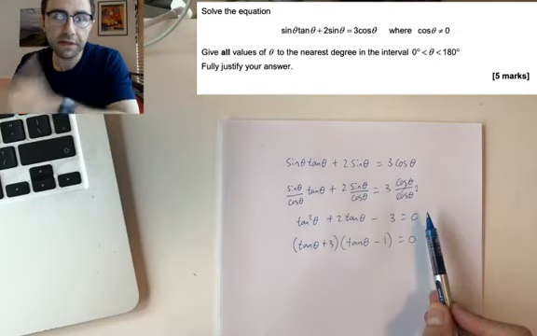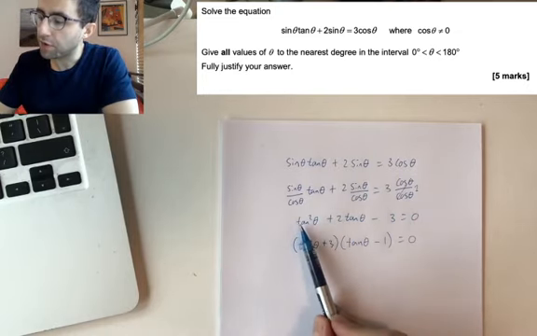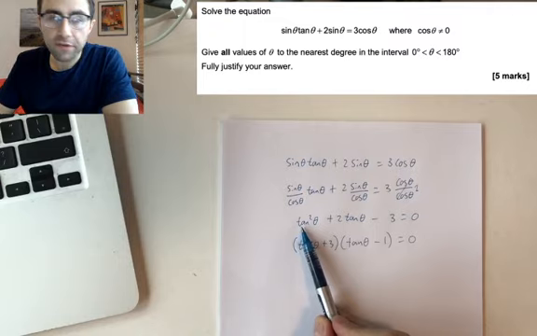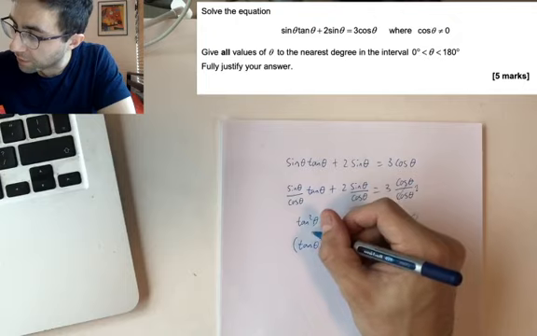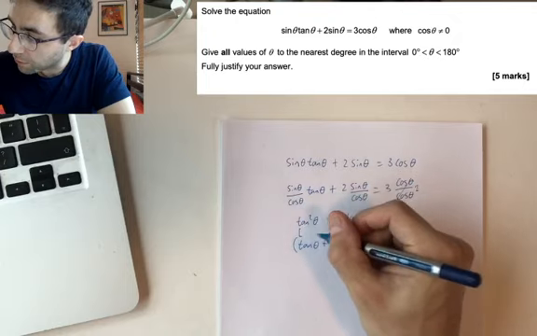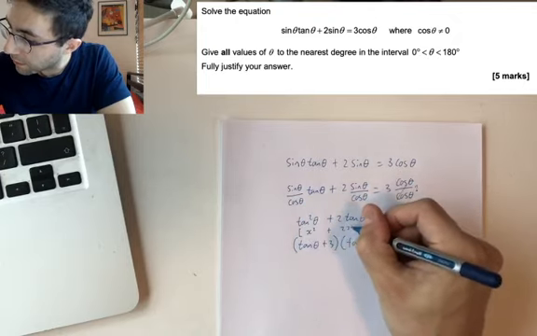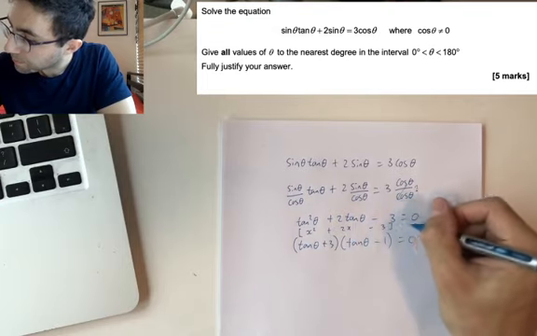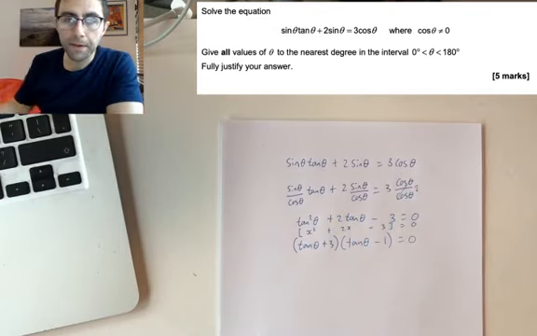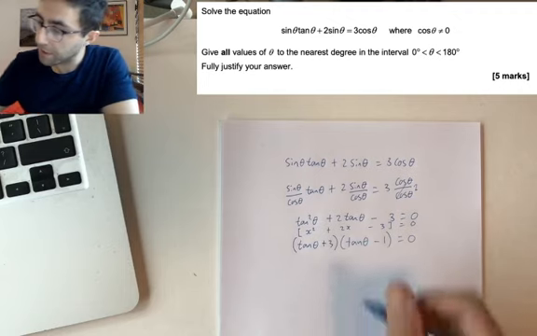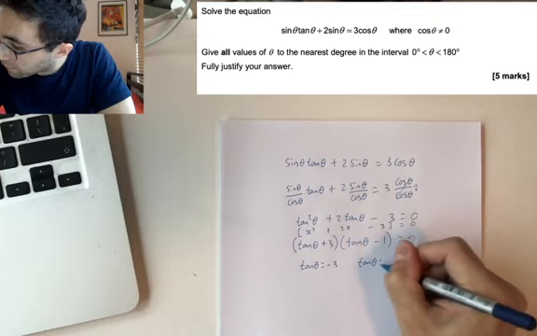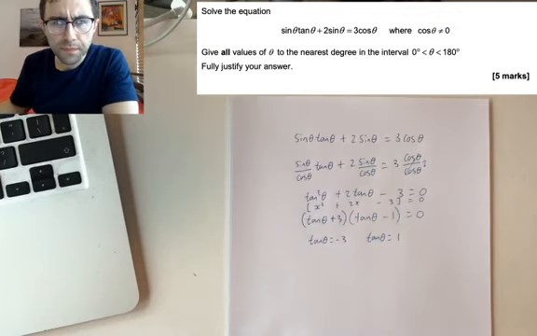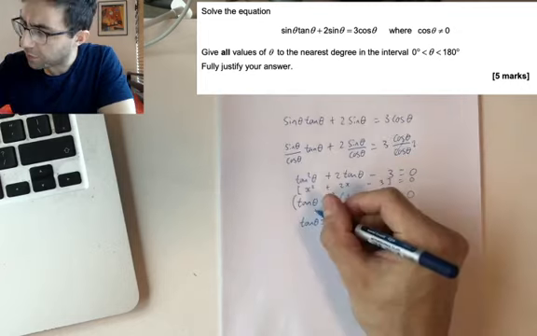Now if you haven't seen something like this, you could do a substitution y equals tan theta. Convince yourself that this has got the structure of something like x squared plus 2x minus 3, where x is tan theta. And so that's why I can factorize it similarly. Then tan theta equals minus 3, tan theta equals 1. That's your two options there.